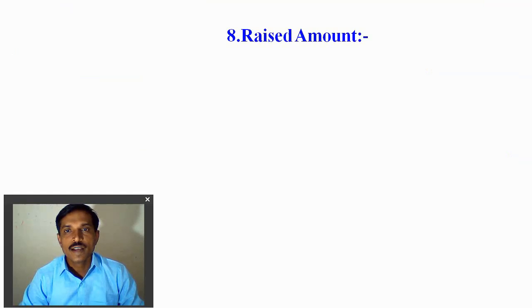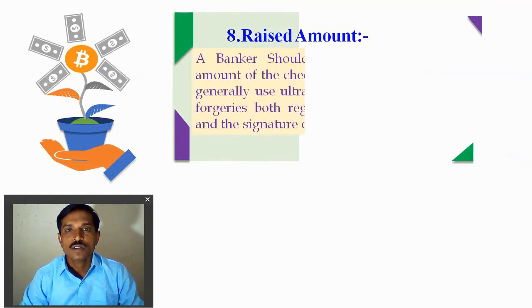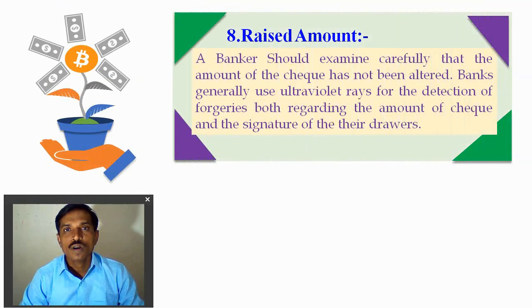The next thing is raising the amount. There is alteration in the check. Sometimes in fraud cases, some customers try to raise the amount in the check. The banker should examine carefully that the amount of the check has not been altered. Banks generally use ultraviolet rays for the detection of forgeries, both regarding the amount of the check and the signature of their drawers and customers.